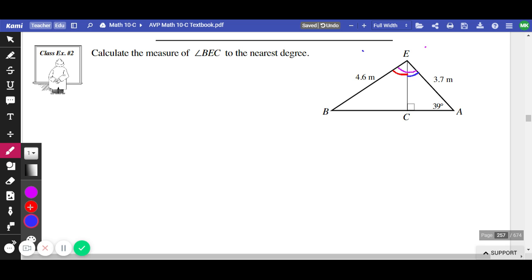I'll call one of them X, and I'll call one of them Y. If I added X and Y, it would give me the entire angle B to E to C. I want you to just try to calculate those two chunks.